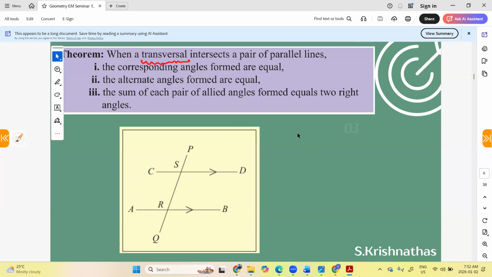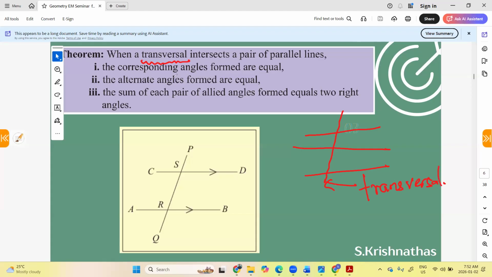Okay, students, if a straight line meets two or more straight lines, this straight line is called a transversal.